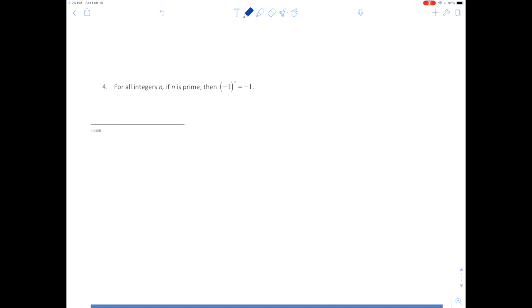Oh, sorry, there's a typo here. For all integers n, if n is prime, then -1 raised to the n is equal to -1. What do you think? What's the first prime number? Be careful. Isn't 2 the first prime number? I mean, let n equal 2.